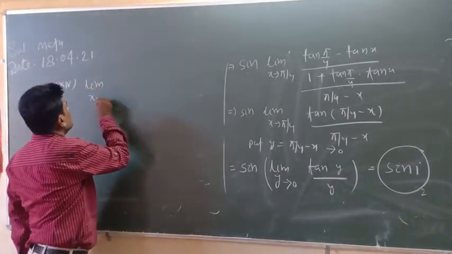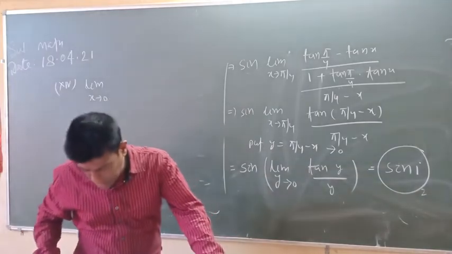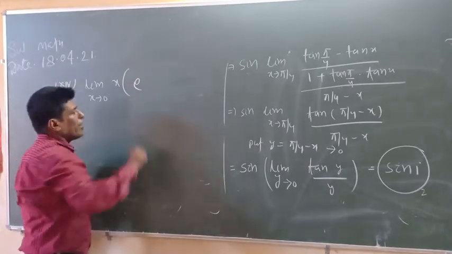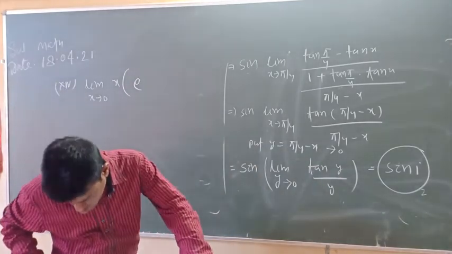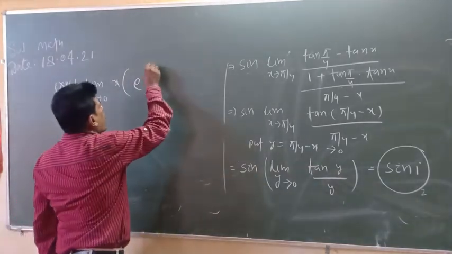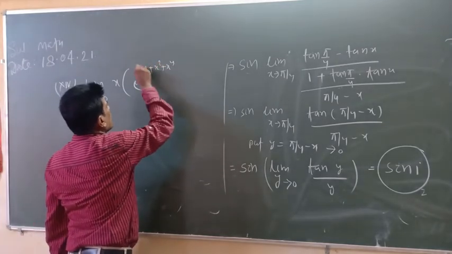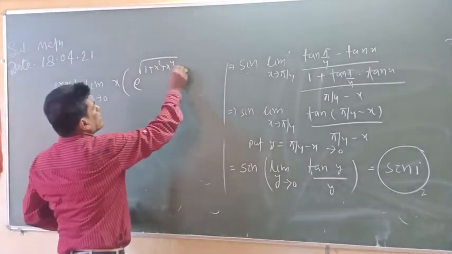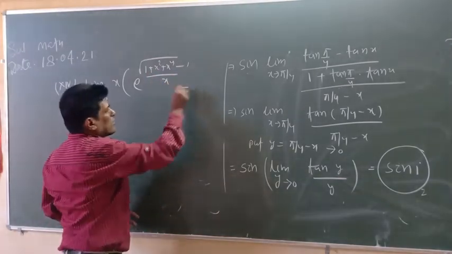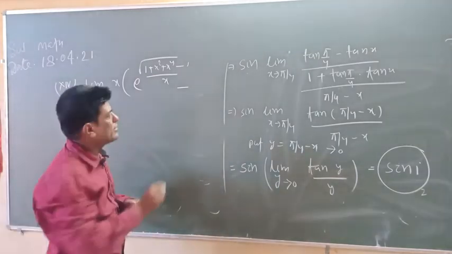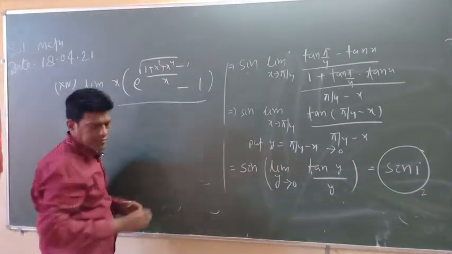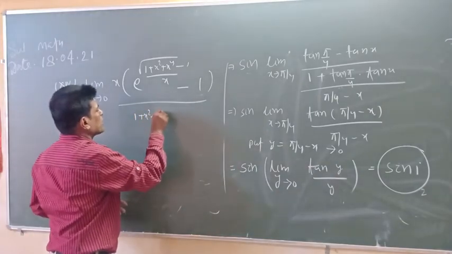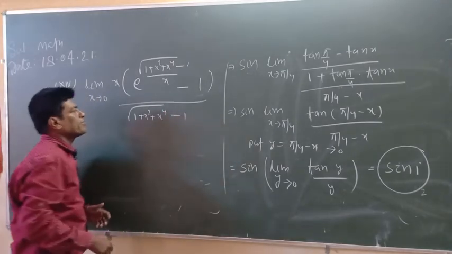Look at these questions. x whole into e to the power 1 plus x square plus x^4 root minus 1 by x minus 1, whole divided by 1 plus x square plus x^4 root minus 1.